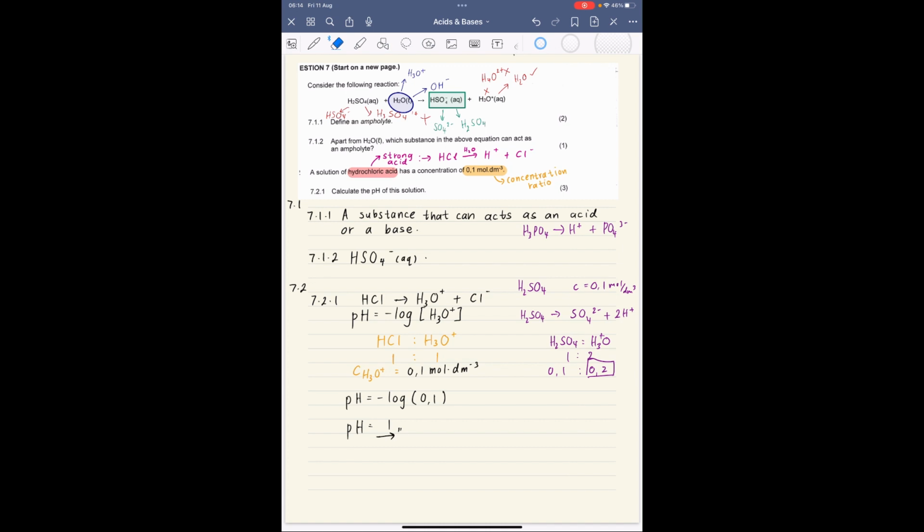So I hope this makes sense for you. To find the pH, you're first going to use dissociation, then find the ratio of your whole molecule to your H+ or H3O+, then find out the concentration of your H3O+ and put it into the formula. Let's move on quickly.